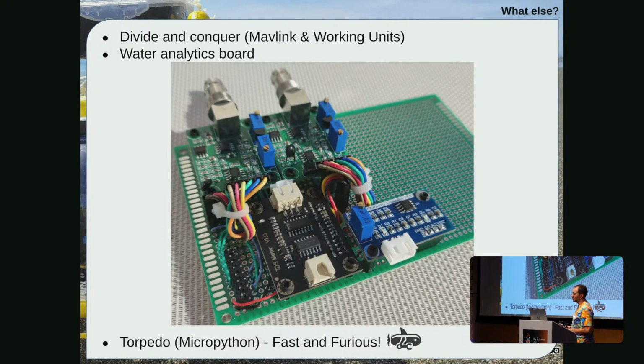And what else? One thing that I get from this project after making it, and I will do it in the next versions, is divide and conquer. I missed it when I was building the ROV. I wanted to make it with Arduino in the beginning, and later with the Raspberry Pi Pico. But Mavlink is a protocol that works like in a car.